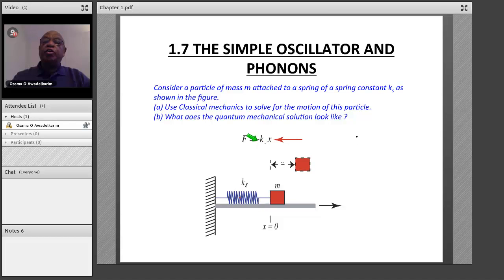This minus sign indicates that the force is directed in the opposite direction of the x-axis, that is, in the negative x direction. So this is the problem. And here, this equation F equals minus ks x is the classical force equation.